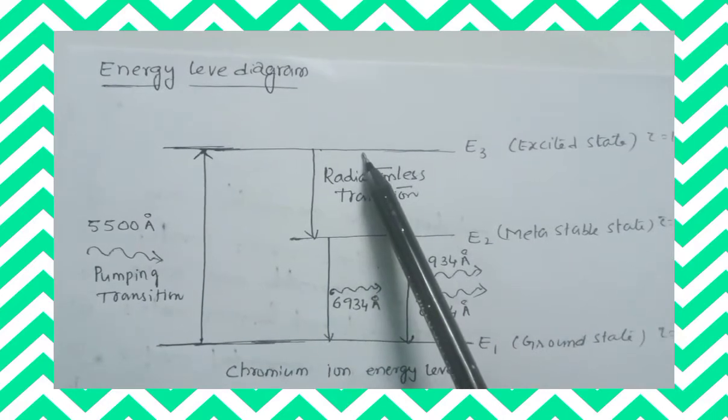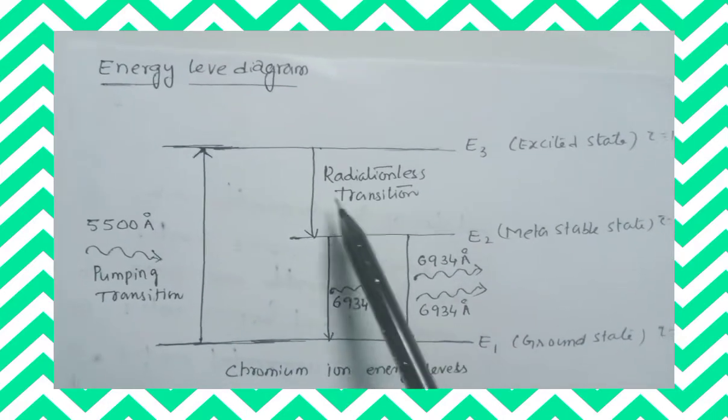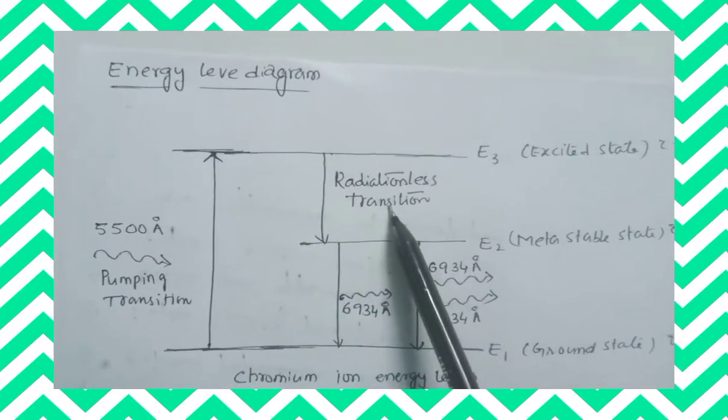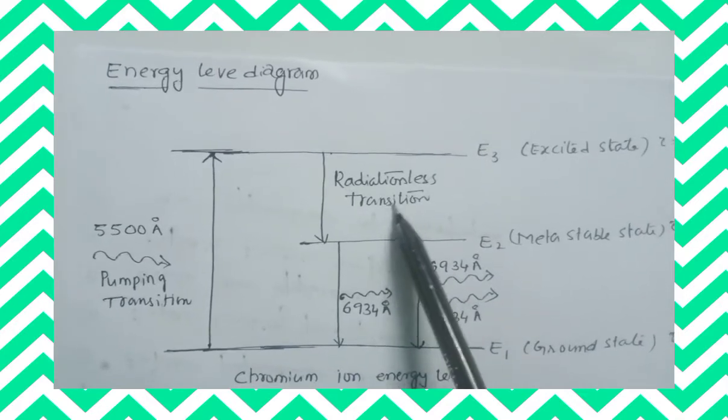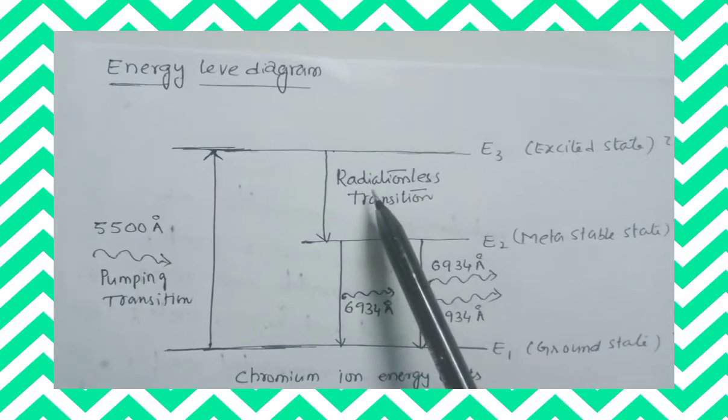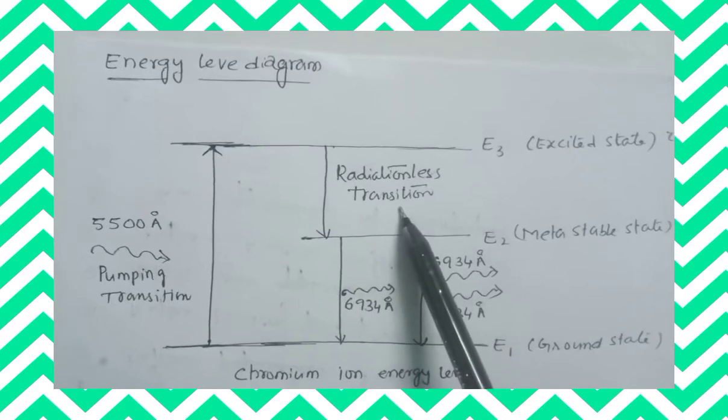While jumping from E3 to E2, no radiation is released, so this transition is named a radiationless transition.